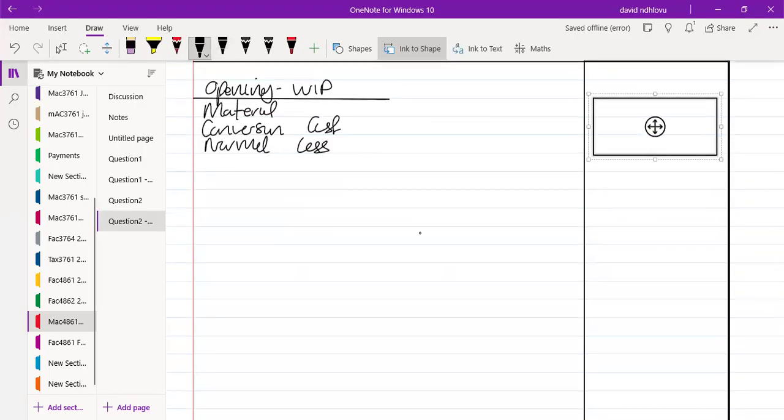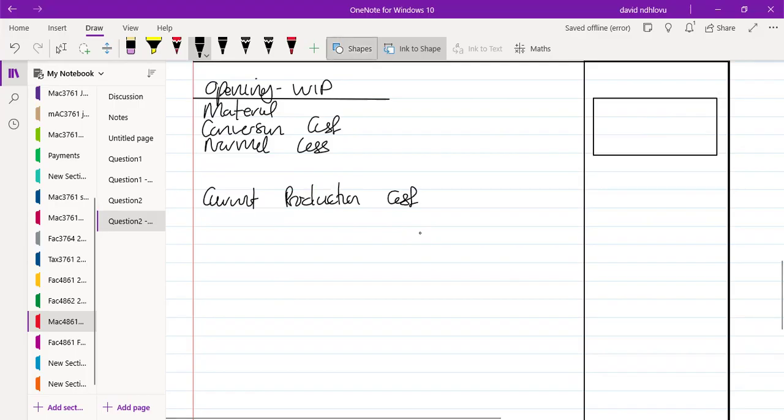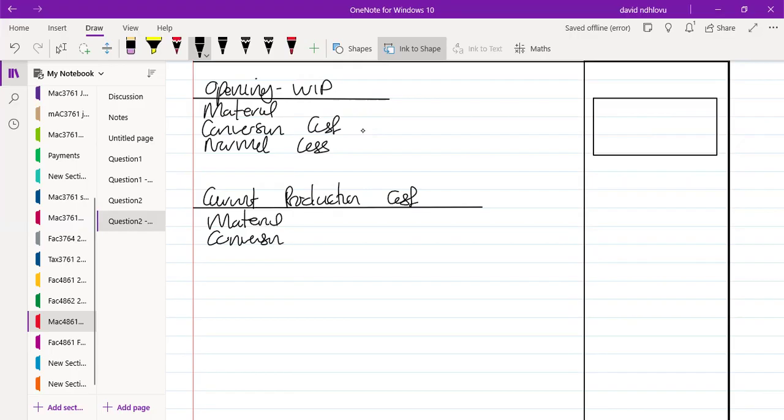Then you go to current production costs. So you have material, you have conversion cost, which is calculated like this, and you have normal loss.